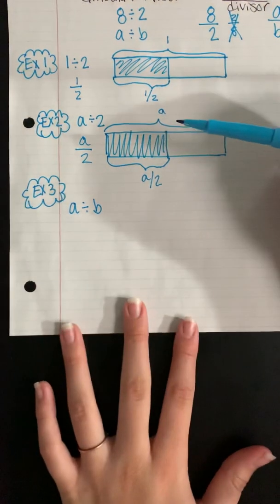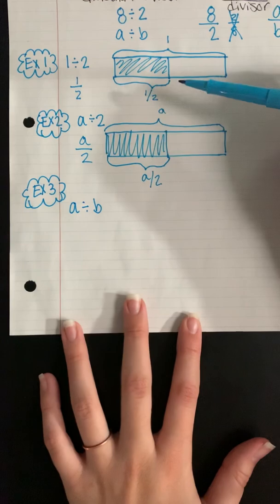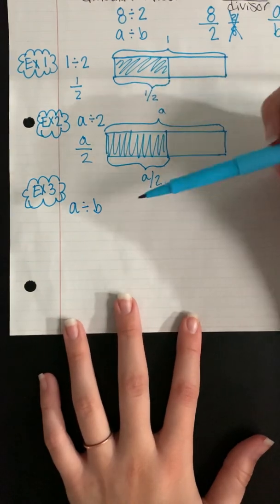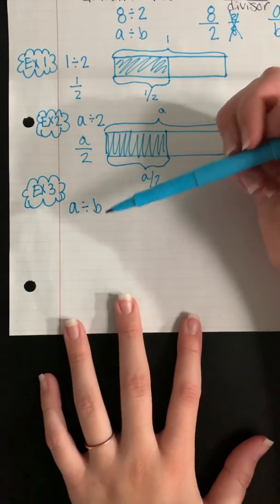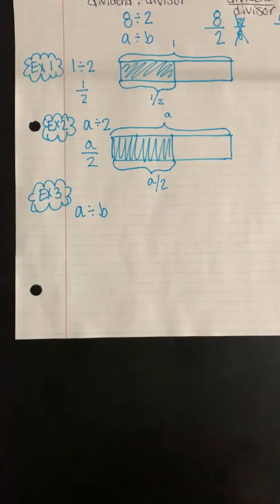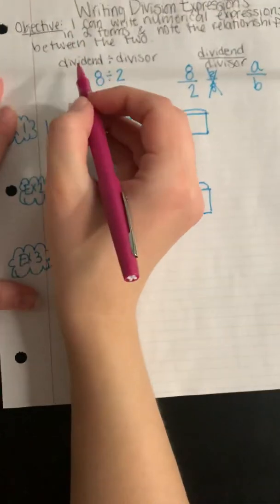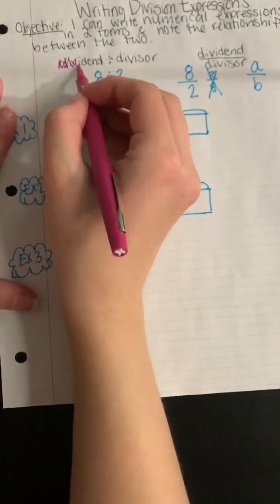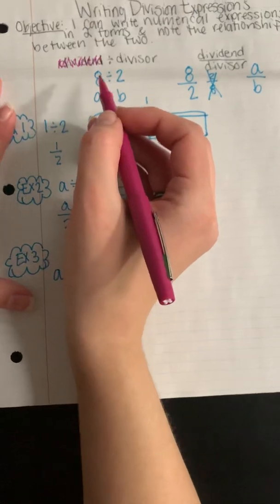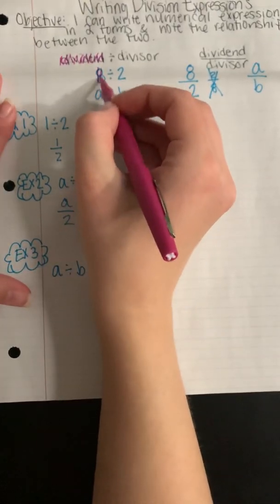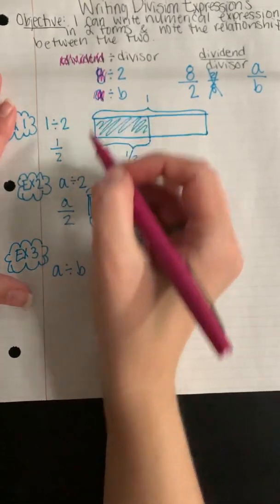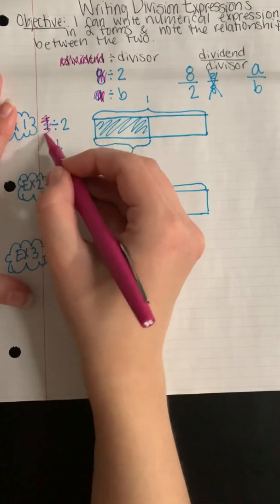And we're thinking, how can we use what we just learned in these first two examples to help us with this example? Our dividend, which I'll show you in pink, becomes our numerator. So remember, the dividend is this first number, the bigger number that we start with.